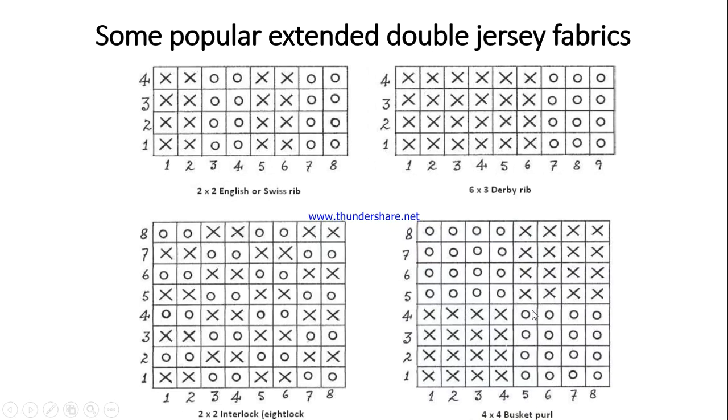Similarly here 4 consecutive back loops, then 4 consecutive face loops. So this is the 4x4 basket purl. In this way you can find many designs in the book. So just try to understand various designs which are there in the textbook for better understanding.